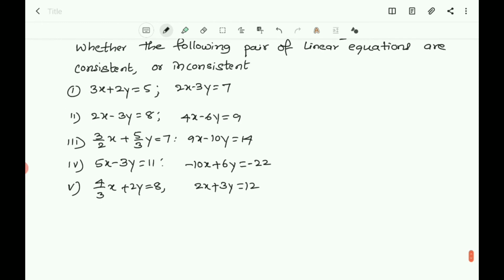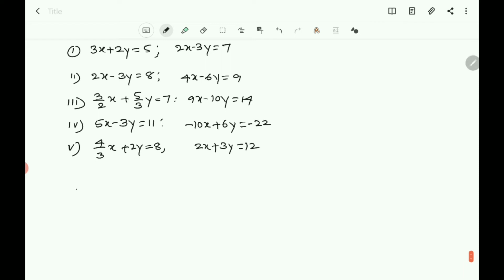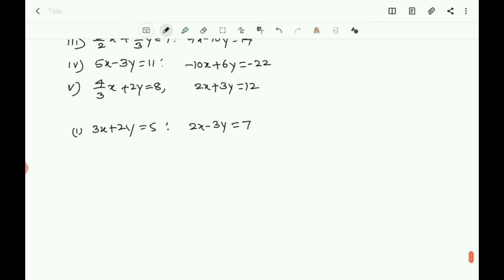So you take the equations one by one here. Take the first pair of equations. The first one is 3x plus 2y is equal to 5 and 2x minus 3y is equal to 7. Now you take the first pair, that becomes 3x plus 2y minus 5 equals 0, and the second one becomes 2x minus 3y minus 7 equals 0.